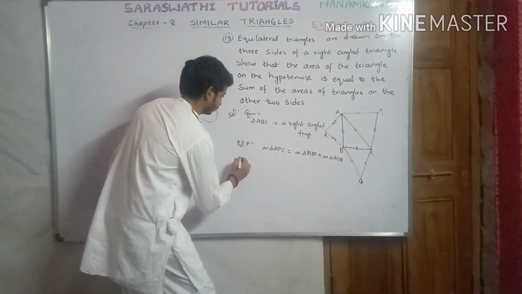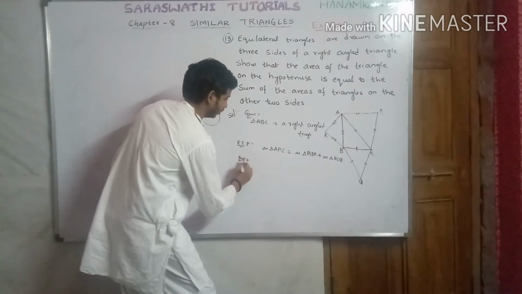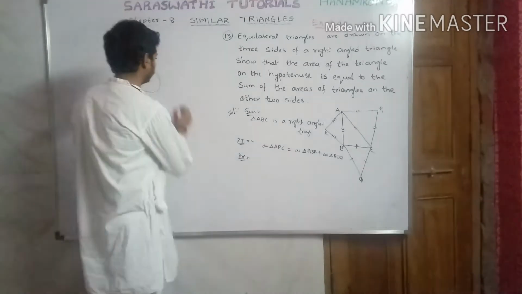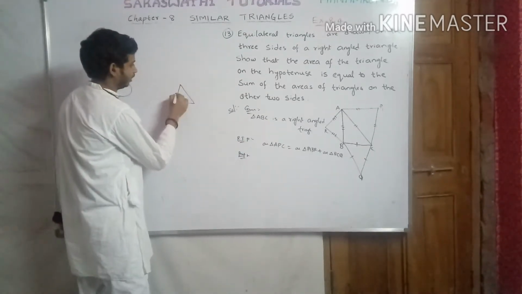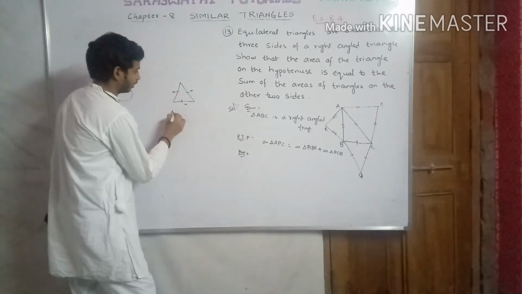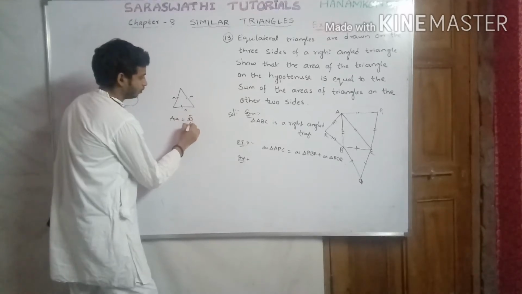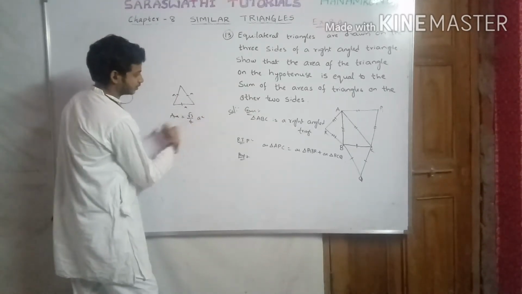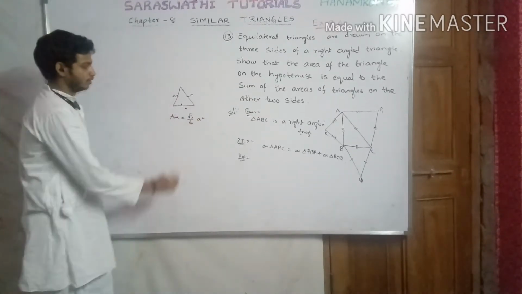Proof. We know the area of an equilateral triangle. Suppose we consider an equilateral triangle with side A, then area of the equilateral triangle equals root 3 by 4 A square, where A is the side of the triangle. This is the formula.